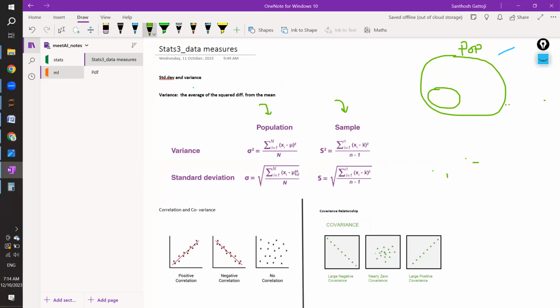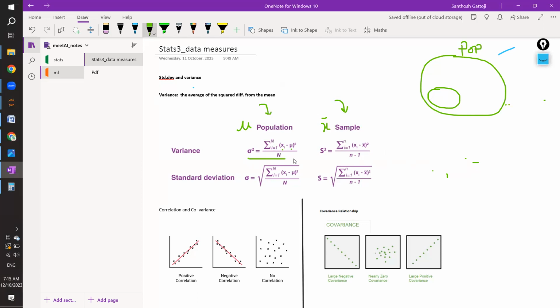So the formula will be exactly the same. The only difference is in population the mean will be called rho, in sample the mean will be called x bar. Here each point xi minus its mean, rho, whole square, repeated from i equal to 1 to n, divided by n, and it is denoted by rho square.